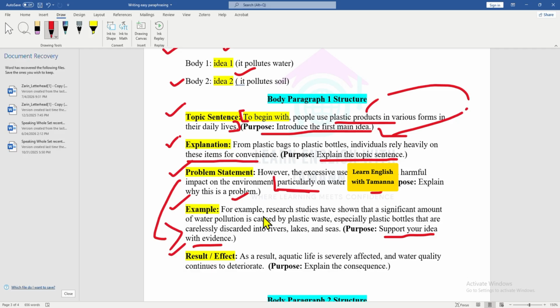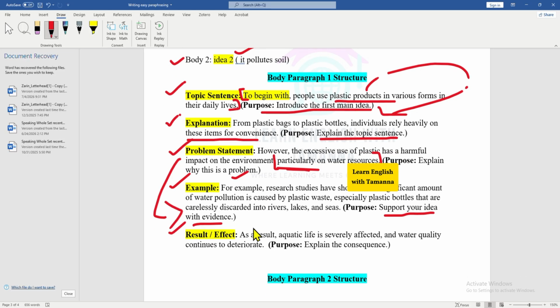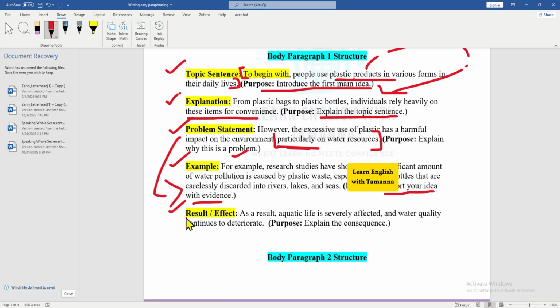Okay. Next, we are going to conclude our body paragraph 1 by adding result or effect, or you can simply say that's how it pollutes our water, if you don't have any other ideas regarding result or effect. Here I wrote that as a result, aquatic life is severely affected and water quality continues to deteriorate. I explained the consequences of water pollution.